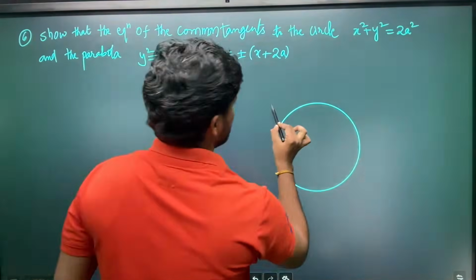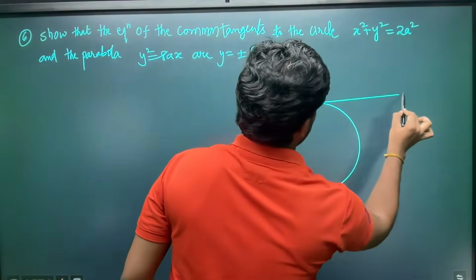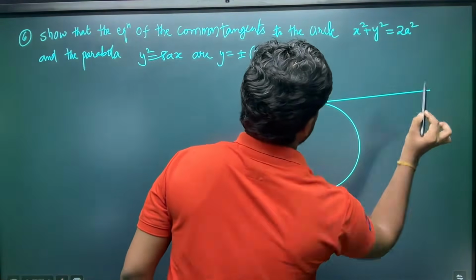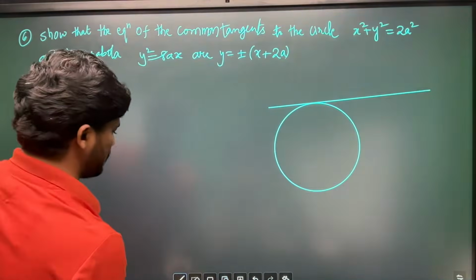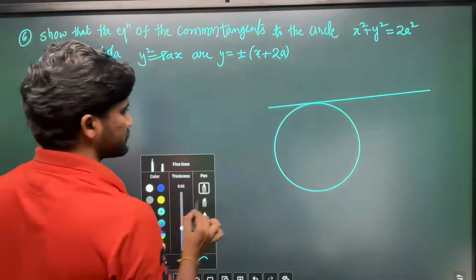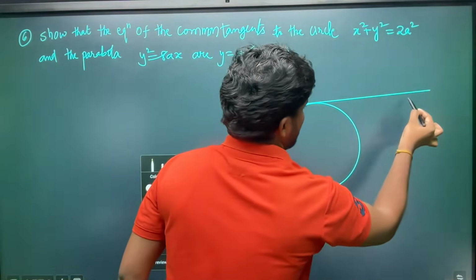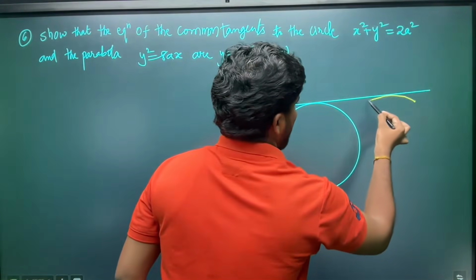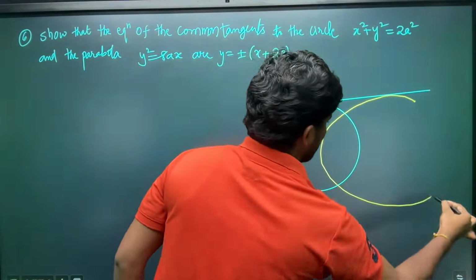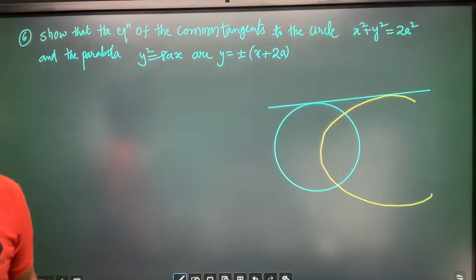Exactly, this is the tangent to that circle. Now see, parabola, I am taking like this. Exactly like this. This is the condition.